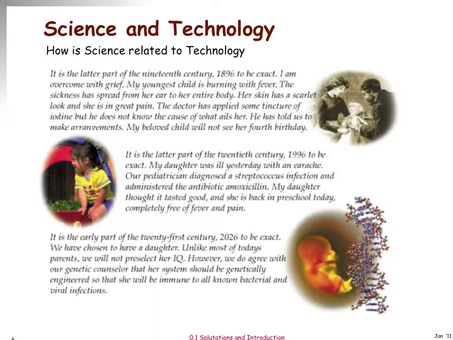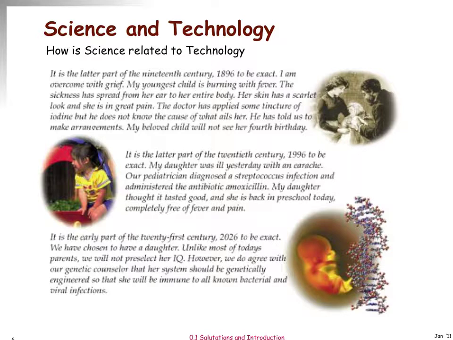Now, science and technology share a relationship. This slide is just an example of how science has advanced technology. Consider a little bit more than 100 years ago. If a child had an infection, the sickness could easily spread from, say, that child's ear to their entire body.